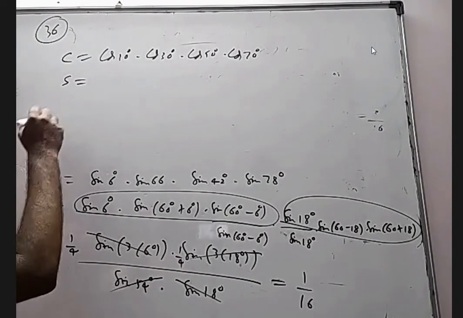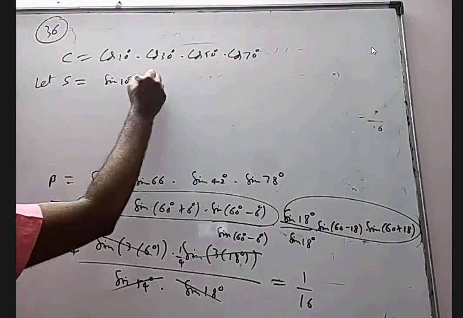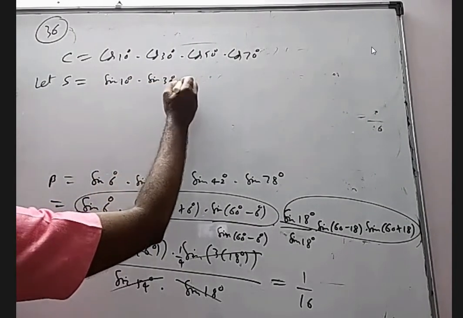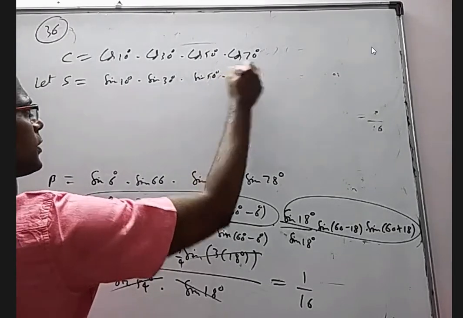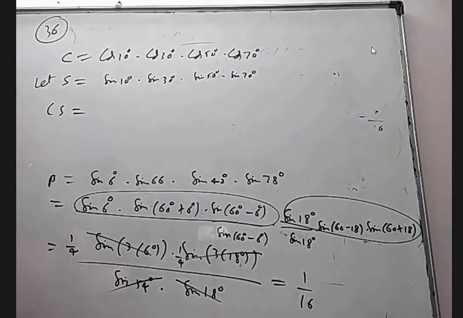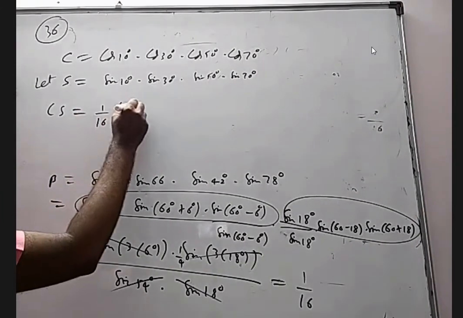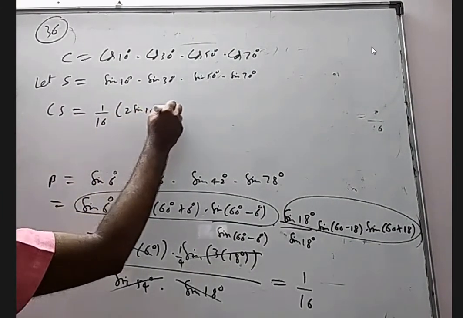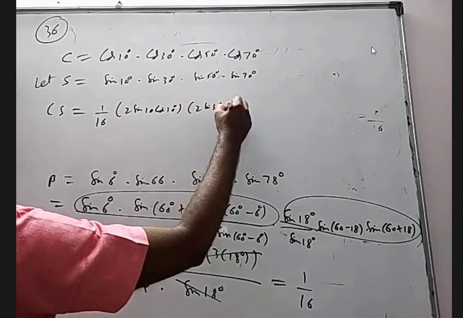Gamma is. Yes. I want to take S equal to sin 10, sin 30, sin 50, and sin 70. C into S. I will take these two. So I'm going to write 1 by 16 into 2 sin 10 cos 10, 2 sin 30 cos 30.